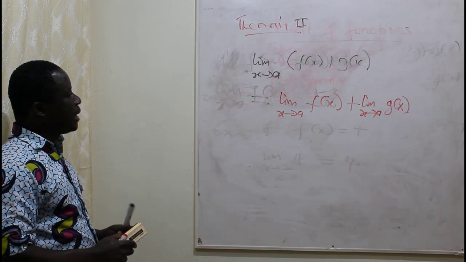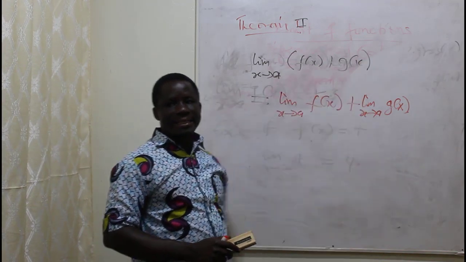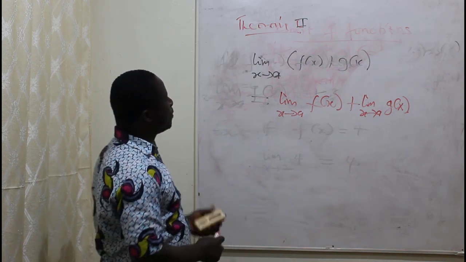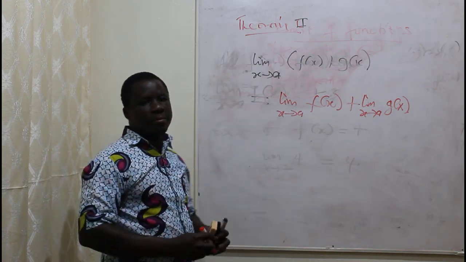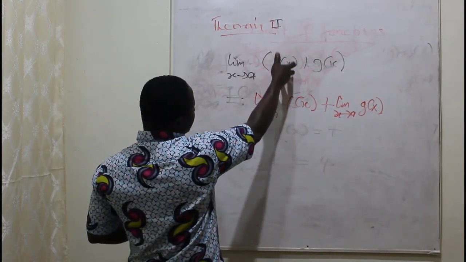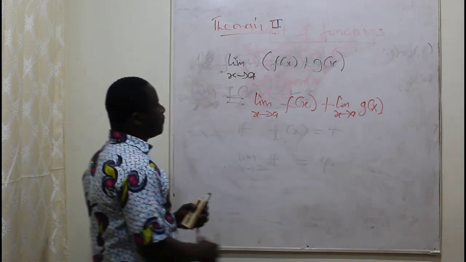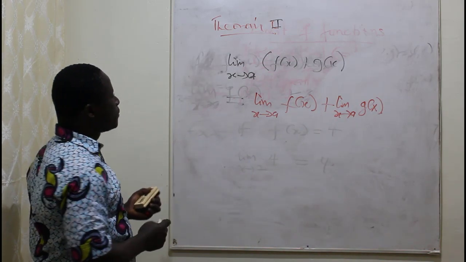What it means is that if two functions are being added and you want the limit of the two polynomial functions, you pick the limit of the first function plus the limit of the second function.